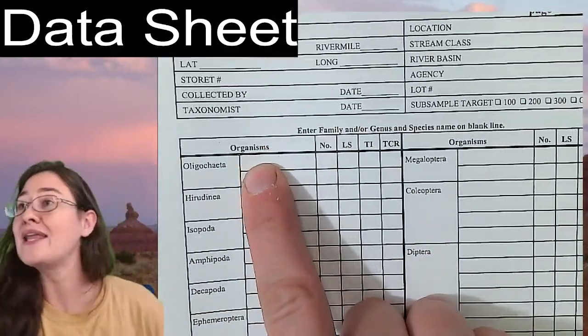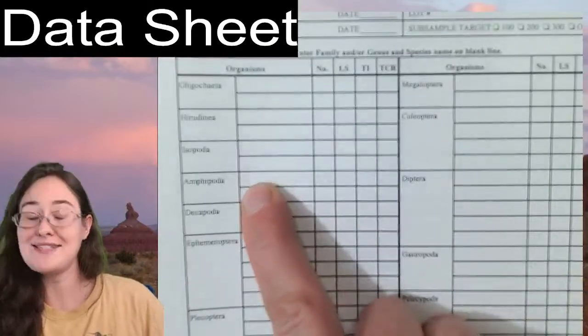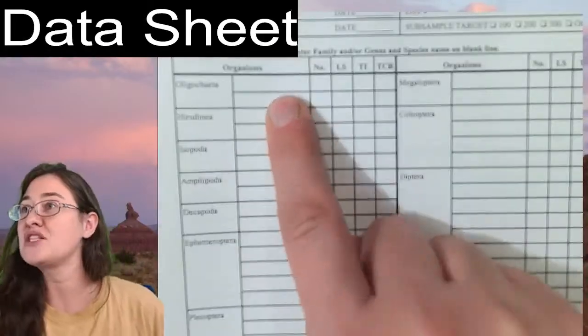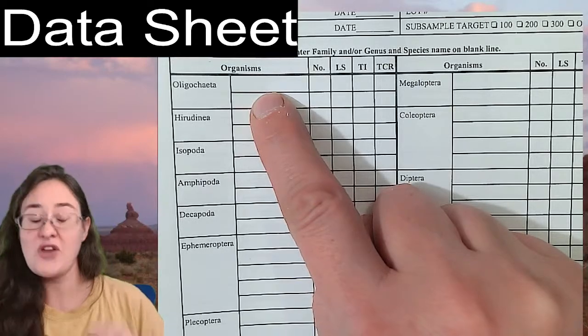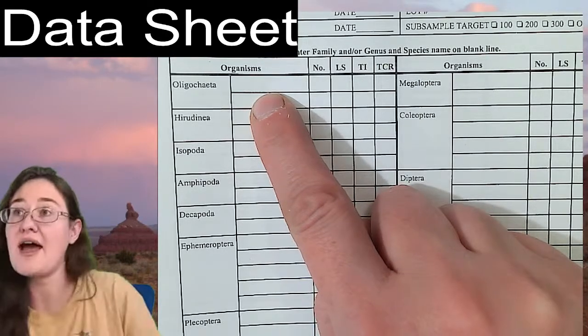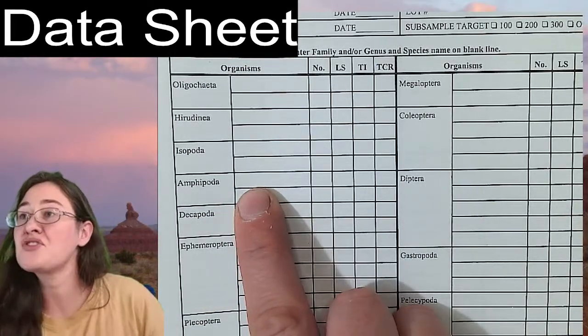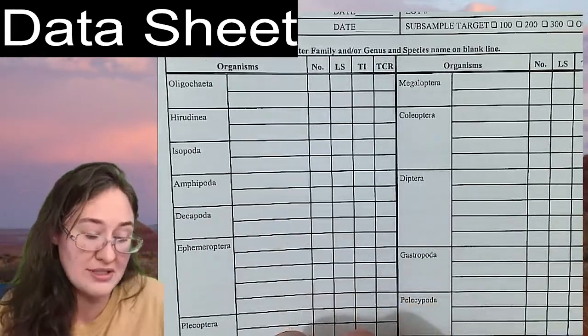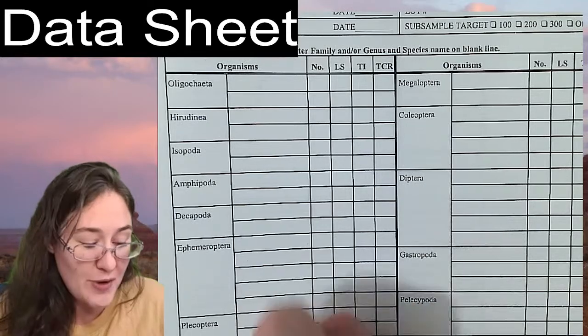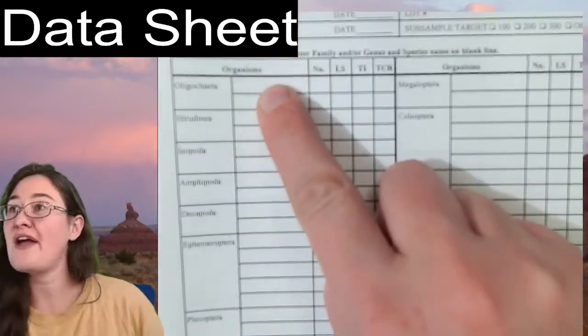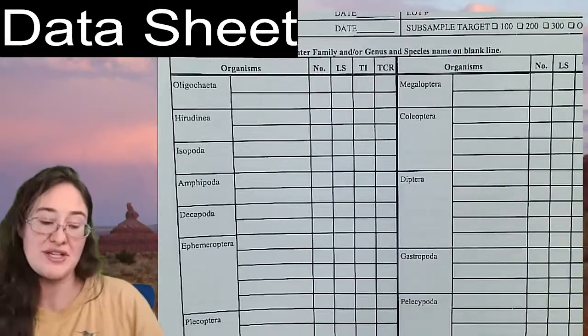So you've got the organism, and you write down what order, and then as far down as you know, whether it's family or genus. You can also just count, like amphipods are scuds, so you can put that down there, or sow bugs. So you list as many organisms as possible.